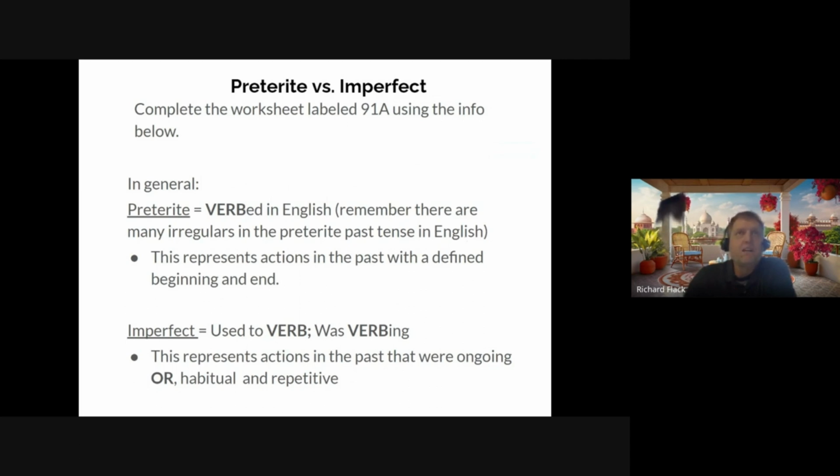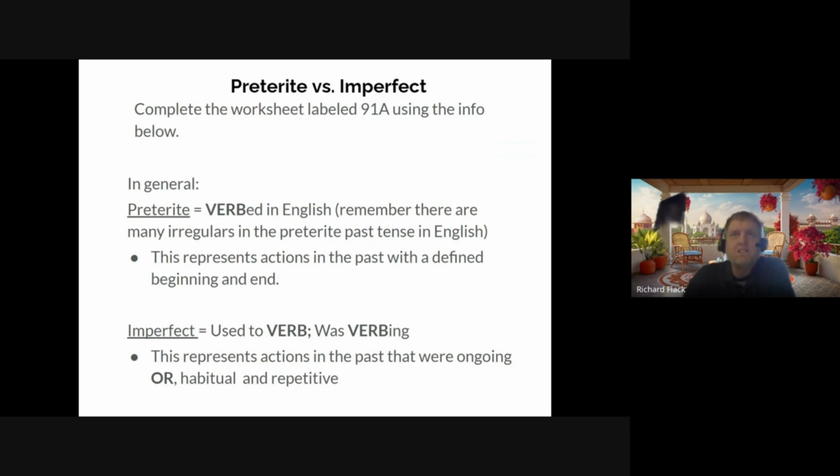We don't say buyed, we say bought. But all of that is the preterite tense. The preterite tense in general represents actions in the past with a defined beginning and end. You can also think of these as things that if we're telling a story and we take all the details away, the part that's left is what moves us forward.